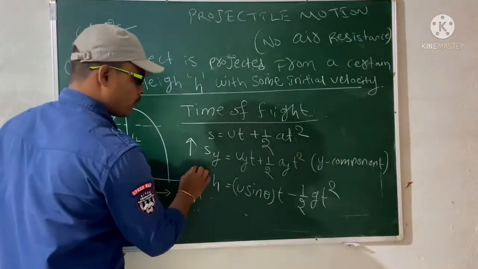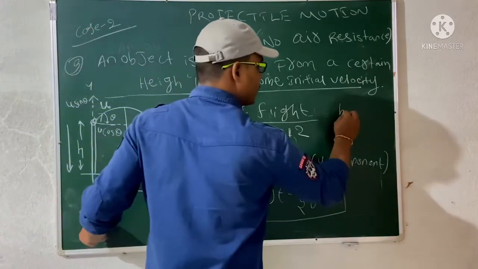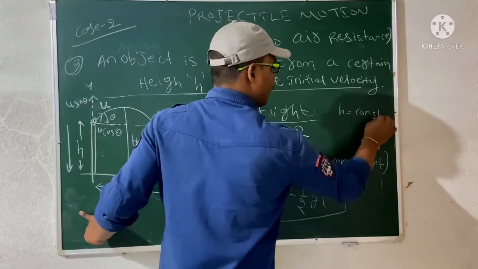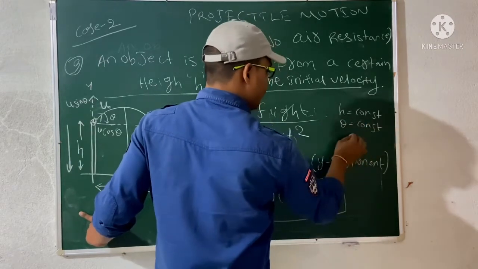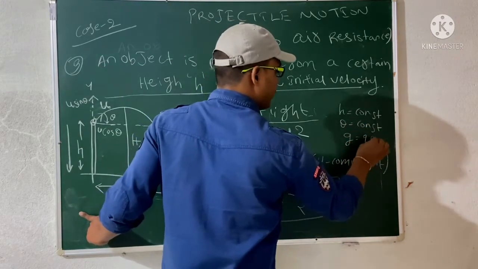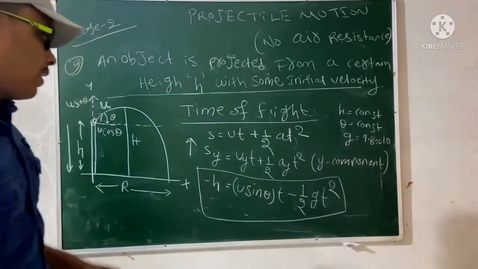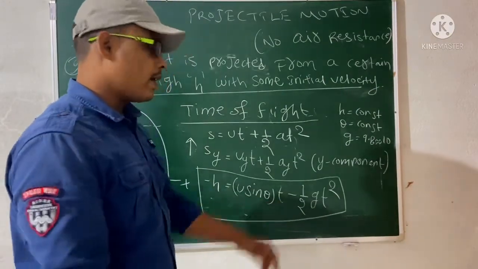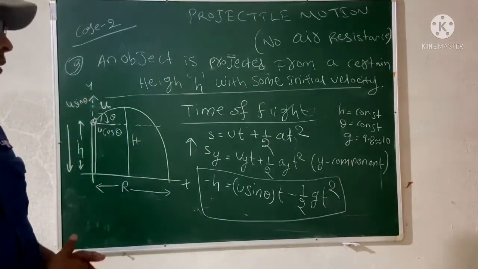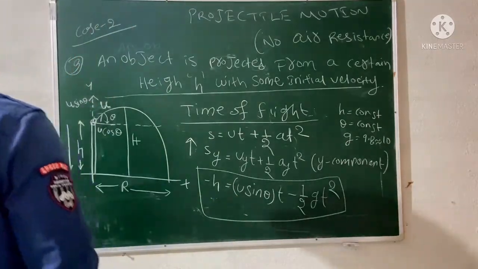This is a quadratic equation, because in this case h is constant, theta is also constant, and g is also constant, that is 9.8 or nearly 10 meter per second square. So your variable is only t. You know how to solve the quadratic equation, then solve it and you will get the total time of flight.